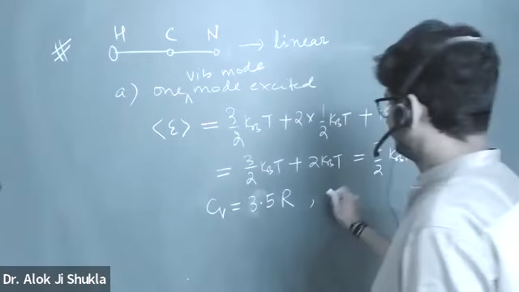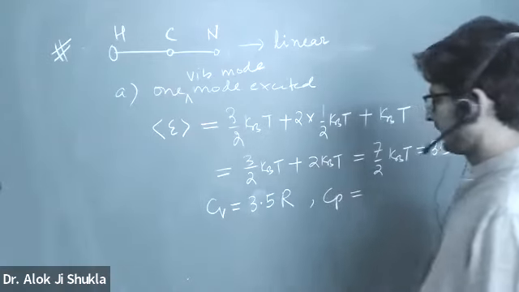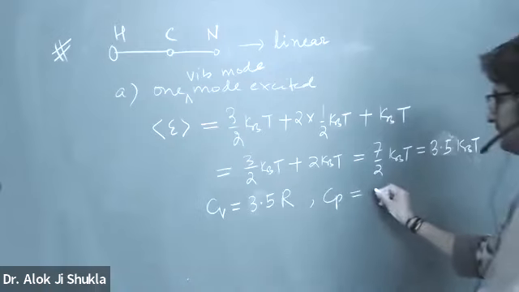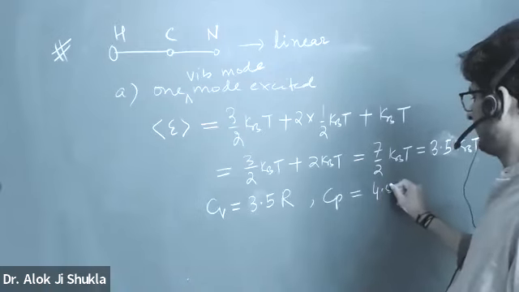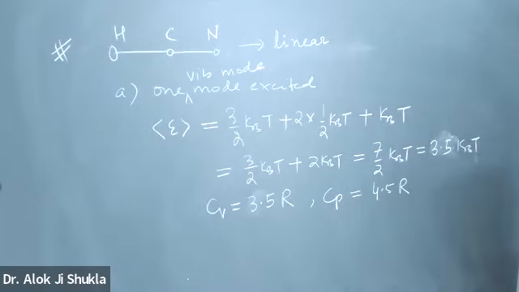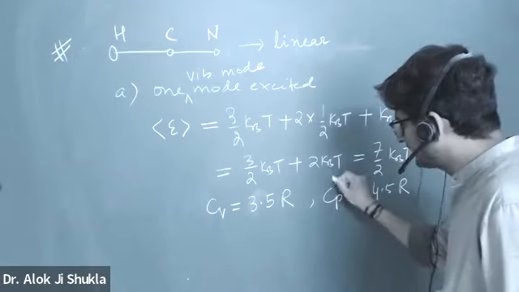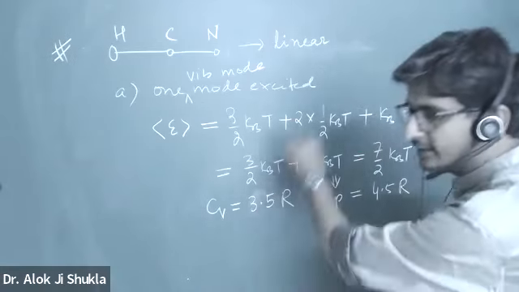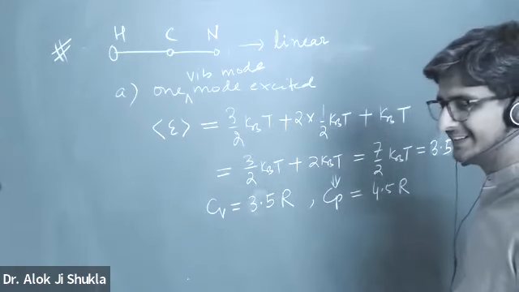3.5 R, and CP. What is CP? CV plus R, 4.5 R. So please remember, sometimes they ask CP and you are so happy to get CV that you immediately take CV.